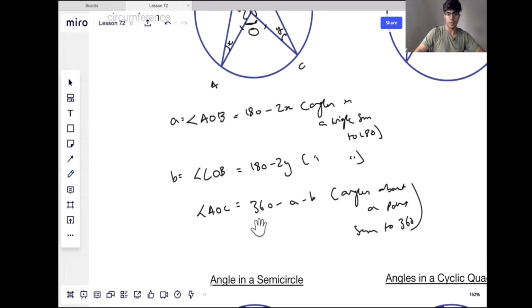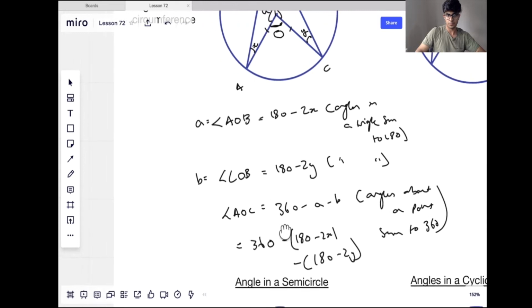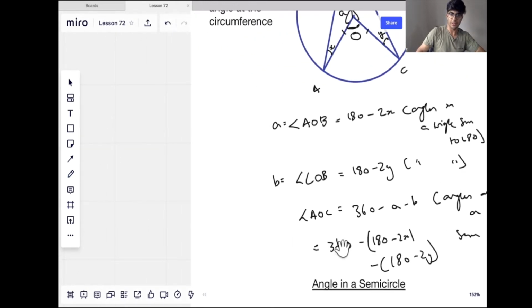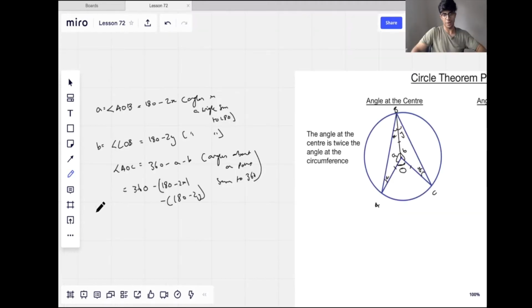And we know what A and B are, so that is 360 minus (180 minus 2x) minus (180 minus 2y). Sorry, I'm running out of space, so I had to move it over here.